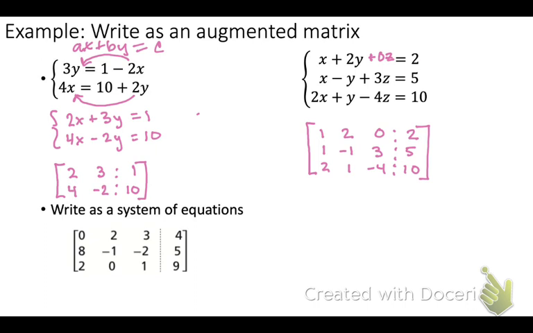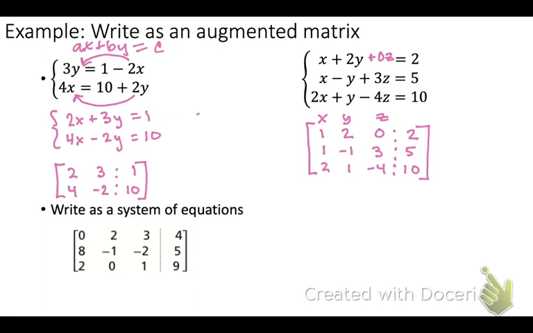Okay, so makes sense. Everyone makes sense to you? So this is an X column, Y column, Z. So the next one says write a system of equations.